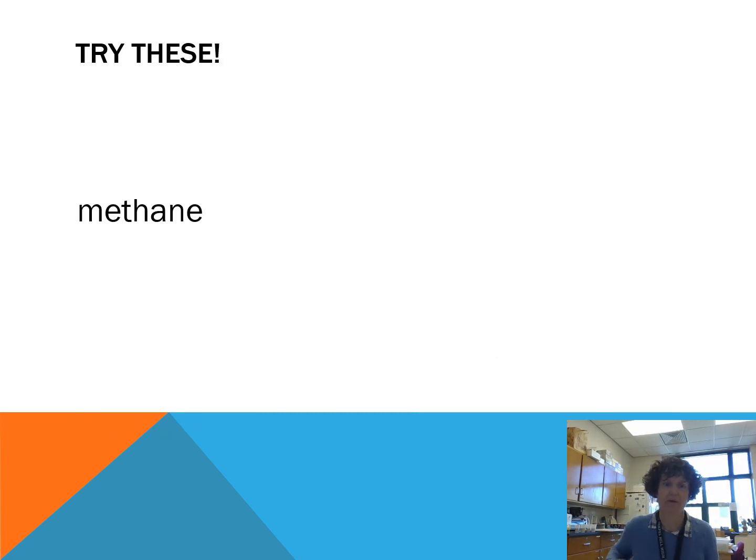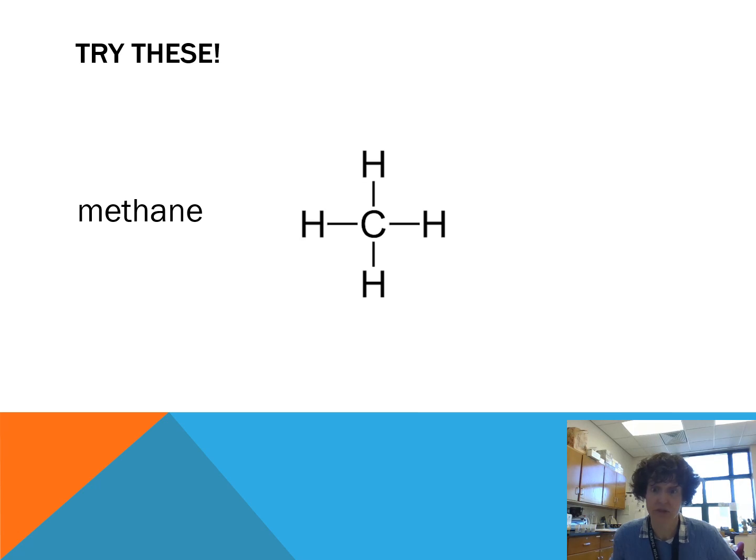Take a look at this one, methane. See if you can figure out what it would look like. You may have known this one already since we've talked about methane before, but did it look like this? You've got 1 carbon because of the prefix meth.